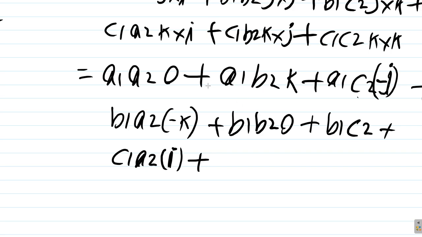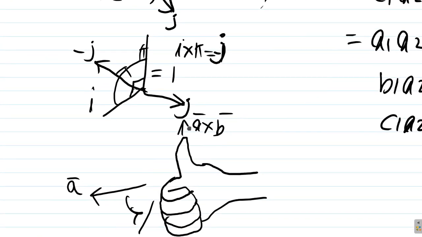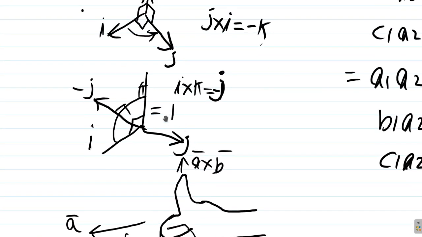Plus C1B2. What will happen at C1B2? There is a K cross J. K cross J. So if you're making half a fist and you're spinning, or it could be that you're holding a shaft and turning it to the right hand clockwise, and you're turning from K to J, it would be in the opposite direction.